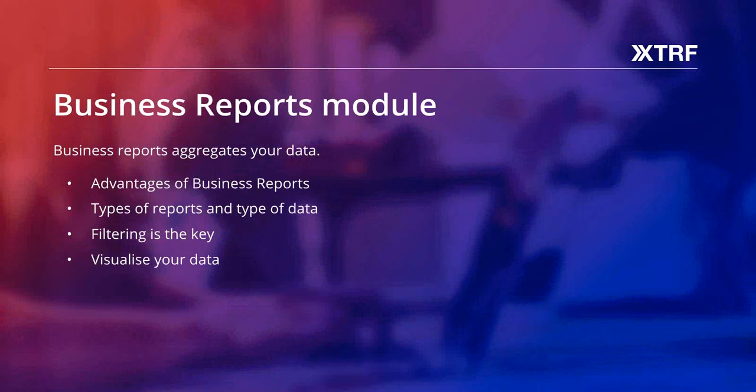And there are various types of data that you can use, and of course, those types of data combined with filters on the report itself can give you the result that you need.